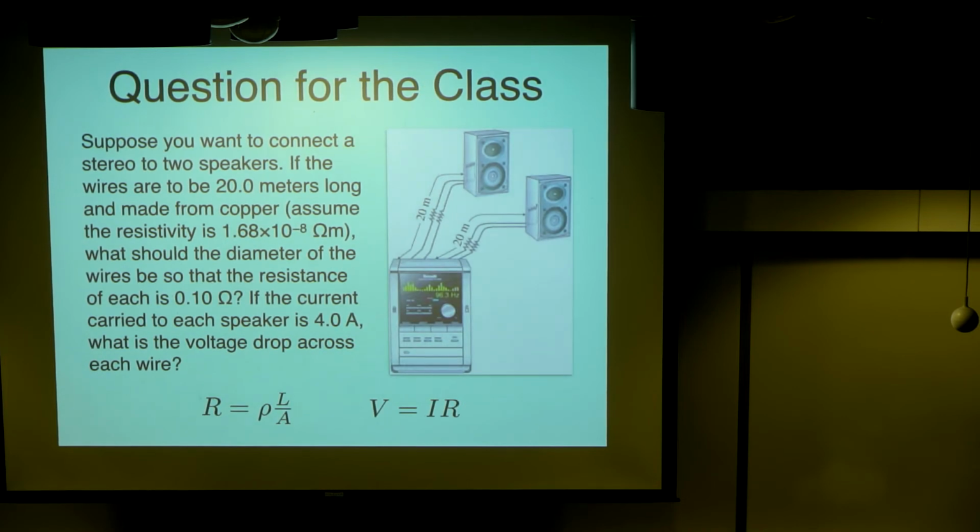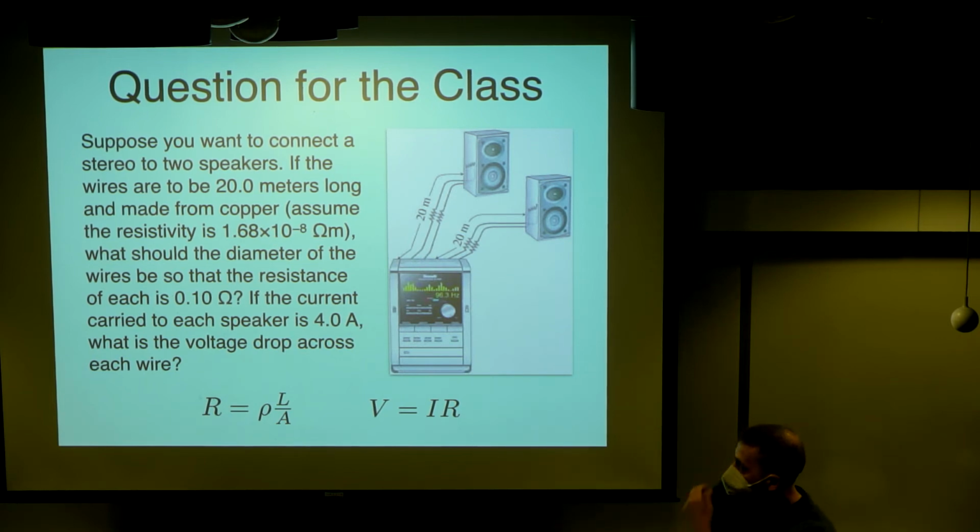All right, here's one for you to work out. Suppose that you want to connect a stereo to two speakers, and the wires that you're going to use are 20 meters long to connect the speakers to the stereo system. Let's also assume that these wires are going to be made from copper. And I'm just going to give you right here the resistivity of copper.